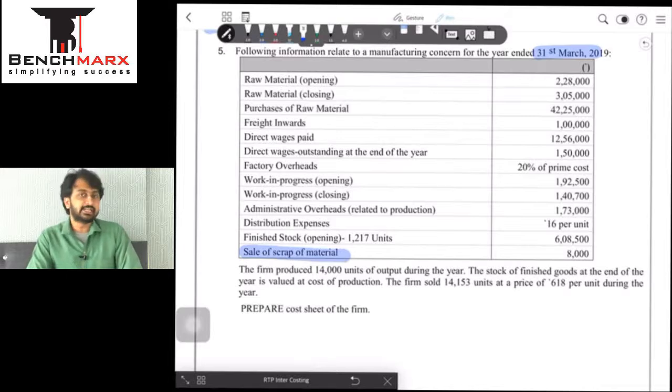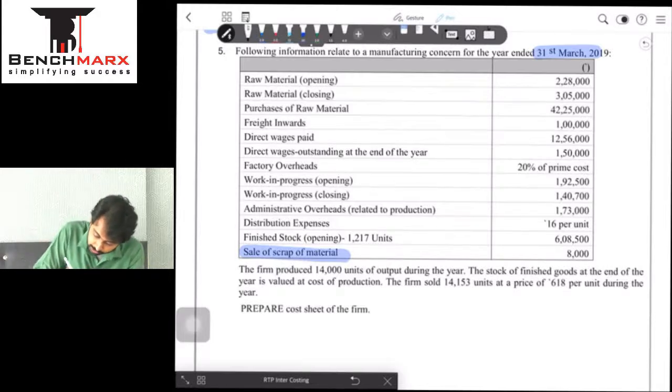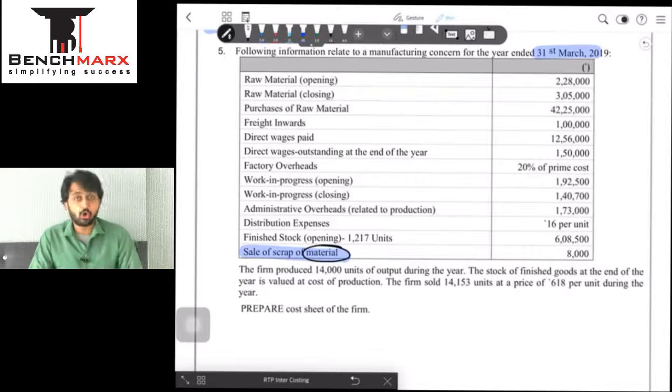Okay, interesting. Normally, as per new format, the sale of scrap is to be taken as net from the admin cost, which are production based. As per the format, I add the admin cost production based and less sale of scrap. Here, since the sale of scrap is mentioned to be of materials, the word focused is of materials, so that is the main reason why I will adjust sale of scrap of materials with the materials consumed.